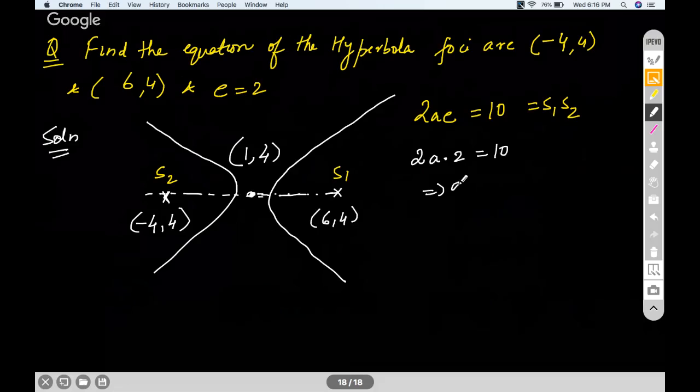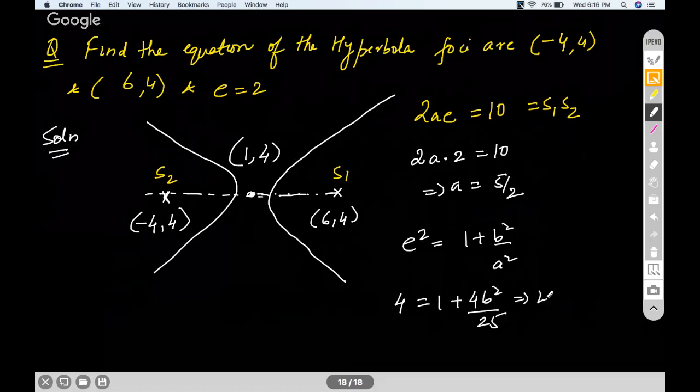So A becomes 5 upon 2. Now the eccentricity is the square root of 1 plus B square by A square. So E square is 4, B square is unknown, and A square is 25 by 4. So this implies B square is going to be 75 upon 4.